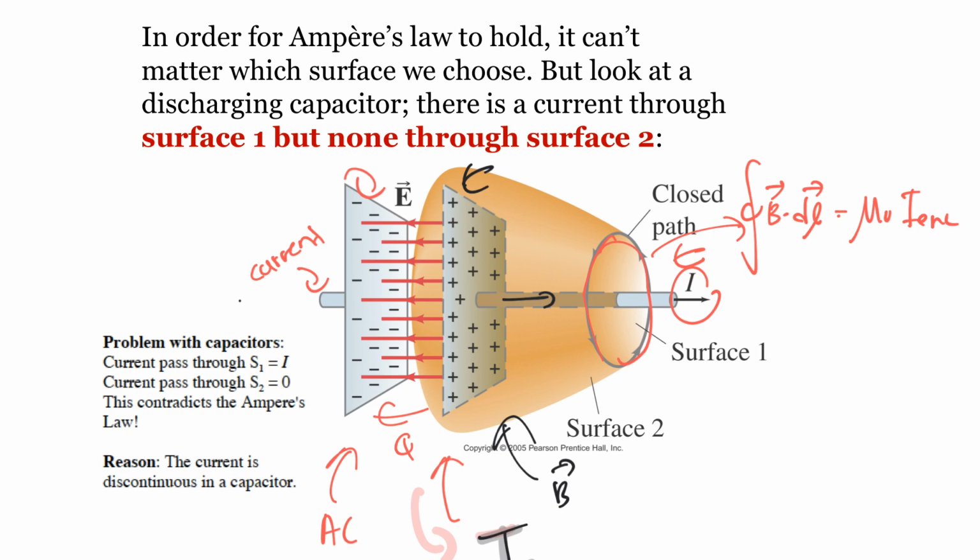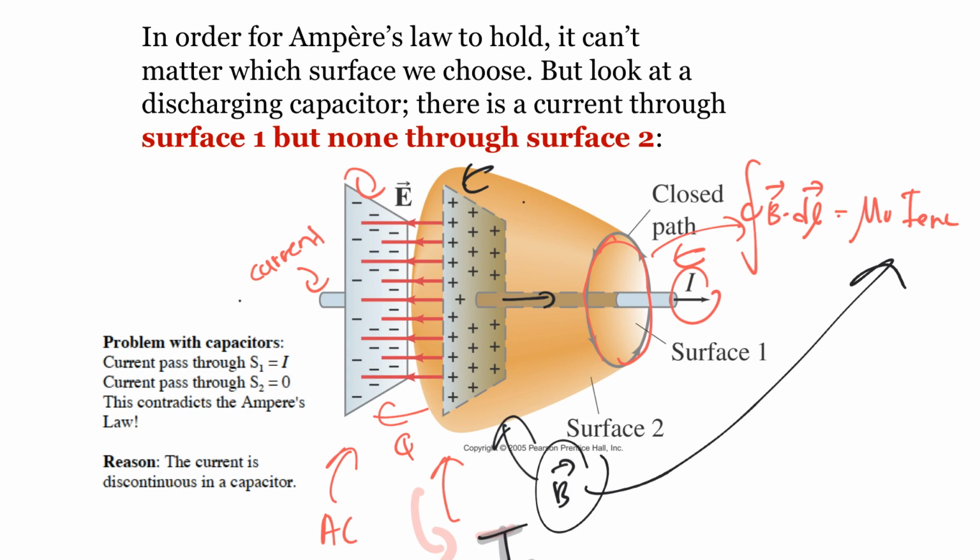But the problem here is there's no I enclosed for surface 2, because there's no charge flow between the plates. That's the reason why we need to improvise the formula, because the problem is that we can actually produce a magnetic field, but for surface 2 there is no current enclosed.